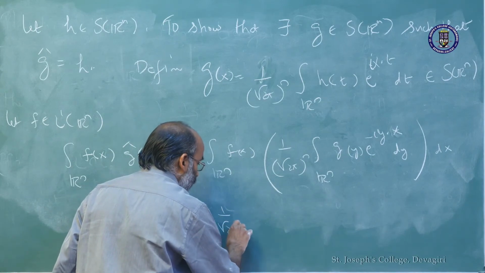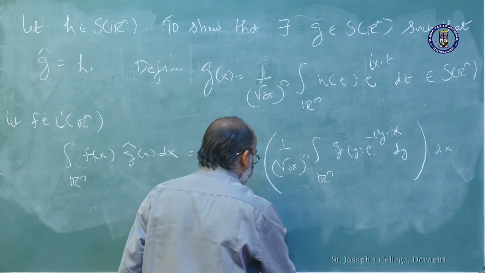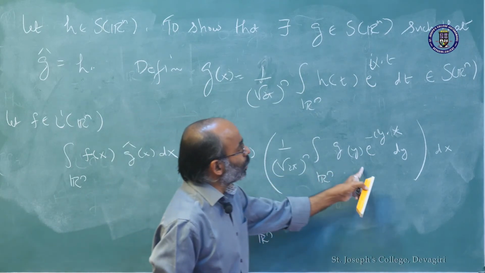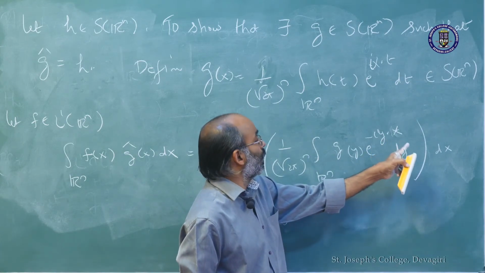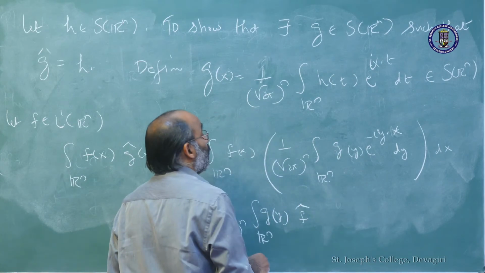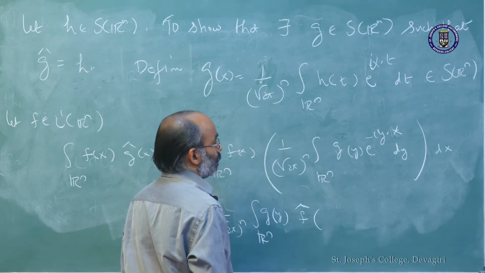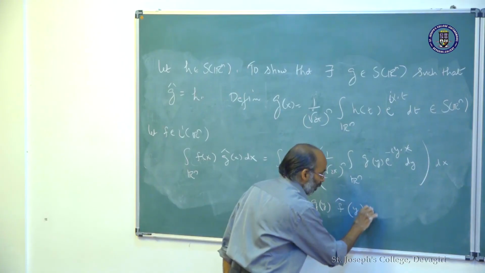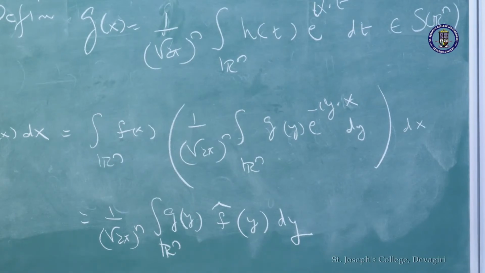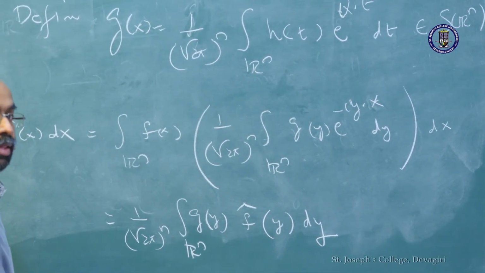So, 1 by root 2 pi to the n integral over Rn g y, okay, I have f e to the minus y dot x dx. That is the definition of the Fourier transform, right? That is f hat at y dy. Okay. I mean, this is Fubini's theorem. Okay. No highly non-trivial stuff here.